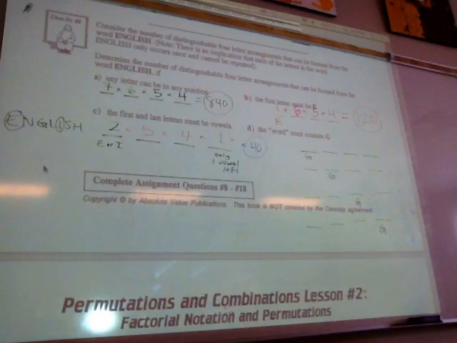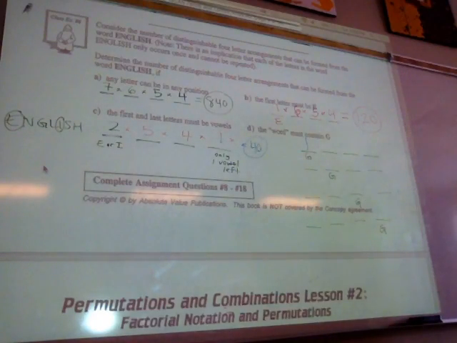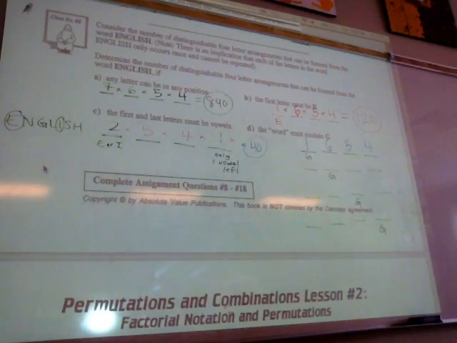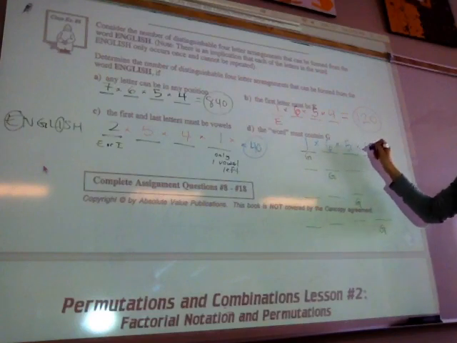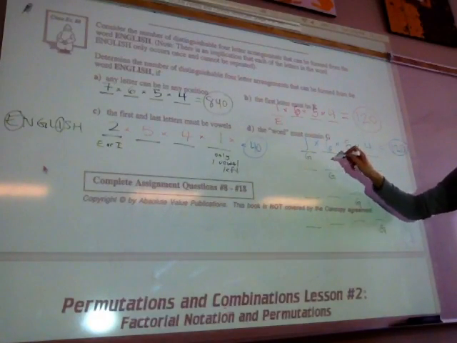Okay, so if G is in position 1, there's only 1 choice. We've used 1 letter, so now there's 6 left, 5 left, then 4 left. Multiply these through, we get 120. Alright, but what if G is in position 2?